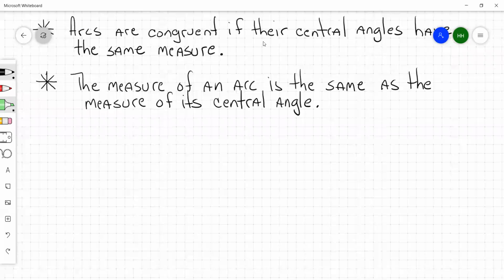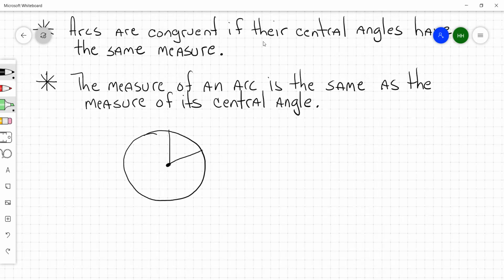Here's what I mean by that. If you've got a circle and you've got a central angle here, we'll go ABC again.